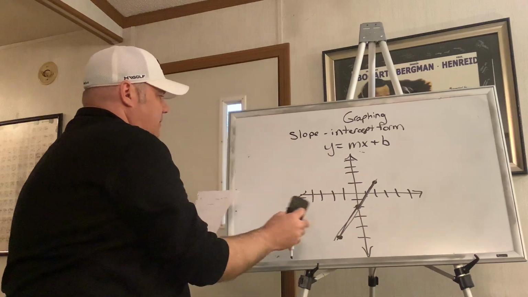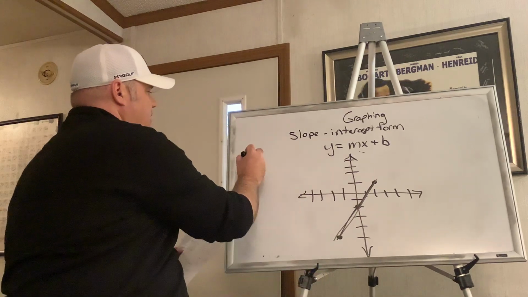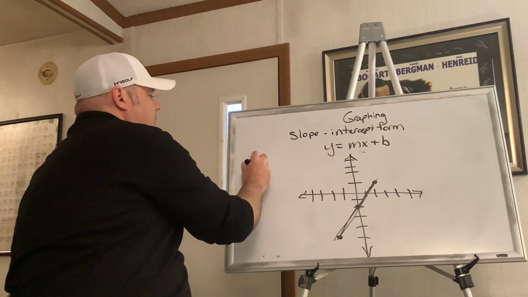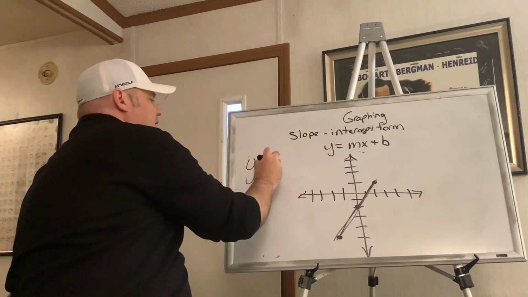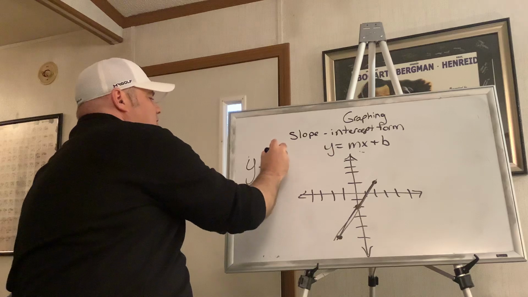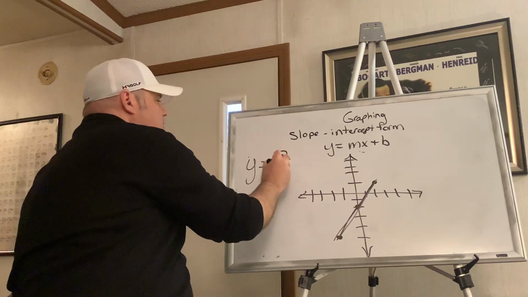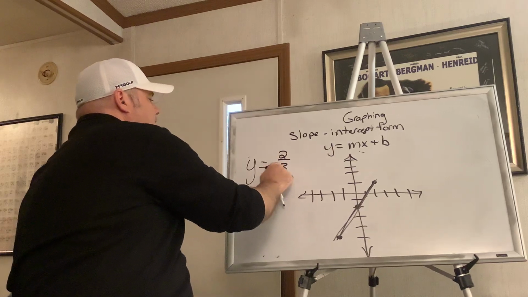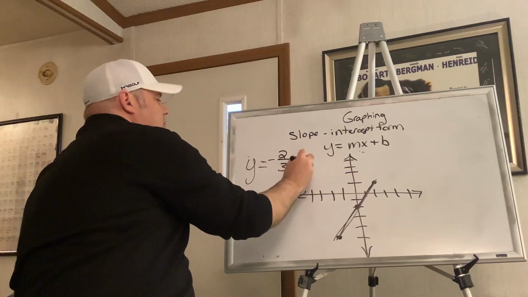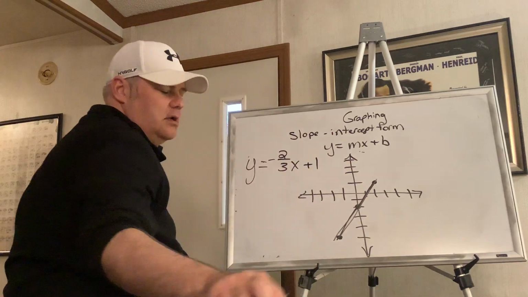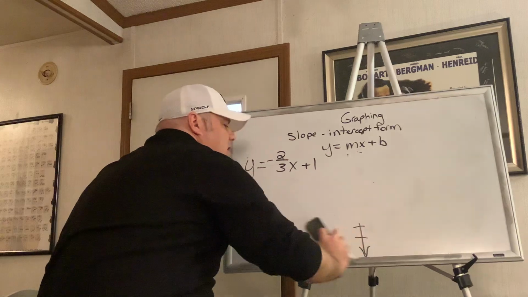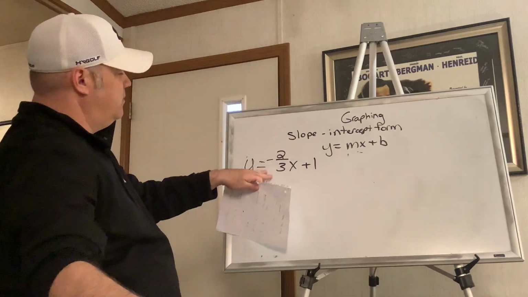Now, let's say I do one that, let's say I'm just going to make one up. I'm going to just keep it y equals, I'm not going to make it divide by anything. Let's start with a negative 2/3. So this whole thing is negative 2/3 x plus 1. Here's my slope-intercept.